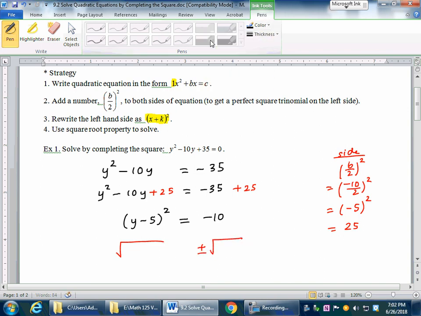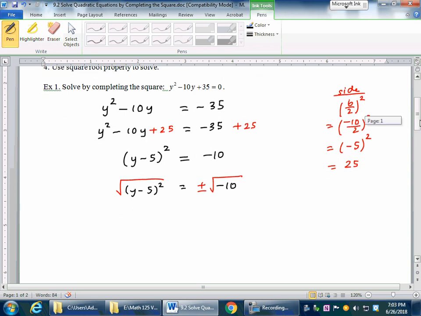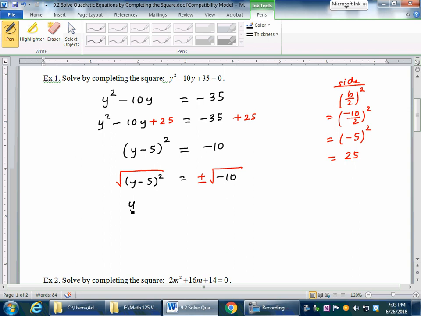This gives me y minus 5 equal to plus or minus square root of negative 10, which now gives us y minus 5 is equal to plus or minus square root of 10 i. I cannot simplify it. And to finish solving, we need to add 5 to both sides.